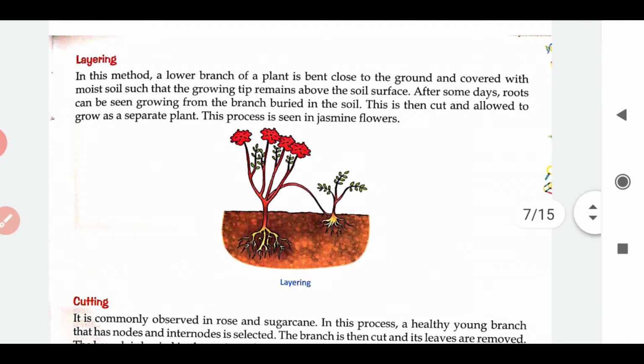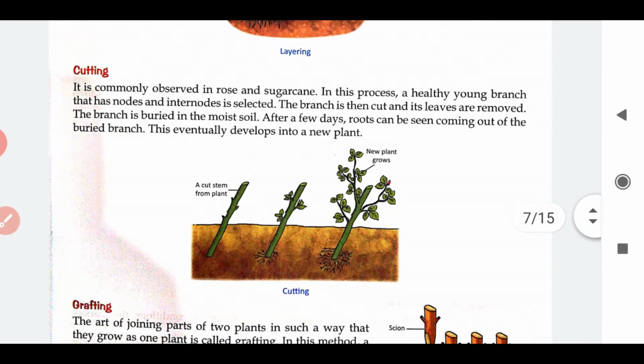In layering, the long branch of the plant is layered onto the soil and a new plant is grown. Whereas in cutting, we cut the plant and the detached part is grown up and gives rise to a new plant.